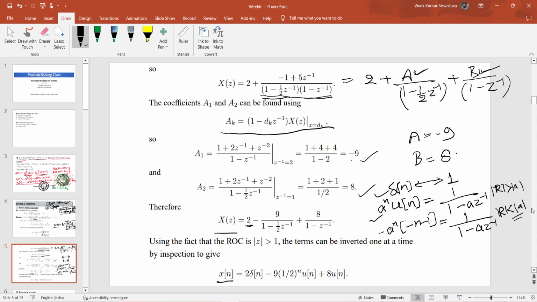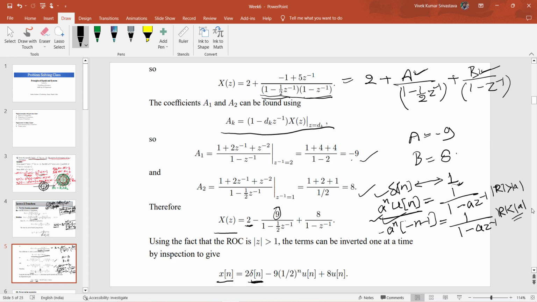So x[n] is basically defined as 2 delta[n], because for delta[n] the z transform is 1, so we can directly put delta[n] here. Here this will be 9 because the factor 9 is already there, and here we can use this formula.